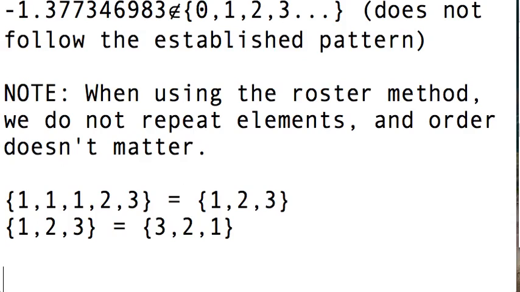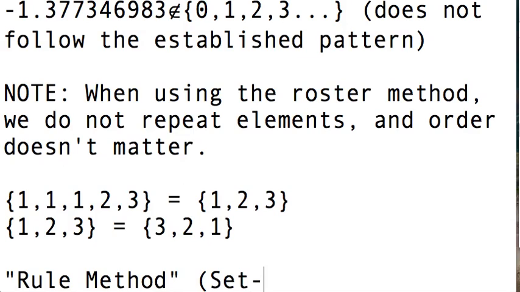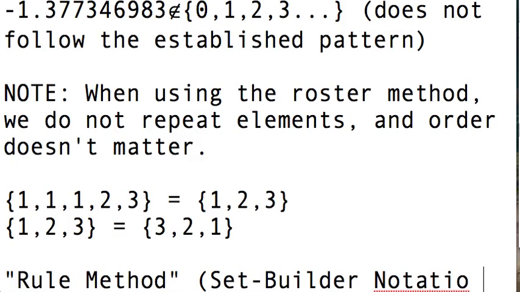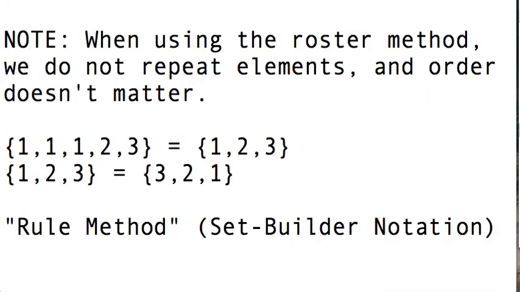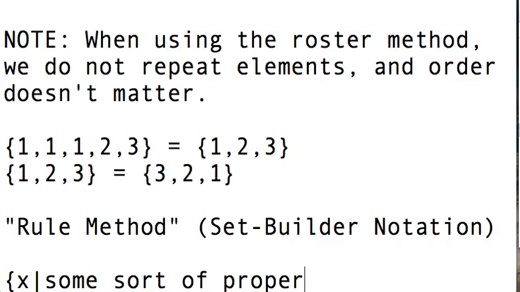Sometimes a better way of describing a set is via some sort of condition. Now this is the rule method, although I like to call it set builder notation. And it basically works like this. You write a bracket, and then you write down, say, x, or the general sort of elements that you're looking at. Then you write a bar. Then you write some sort of property that x satisfies.